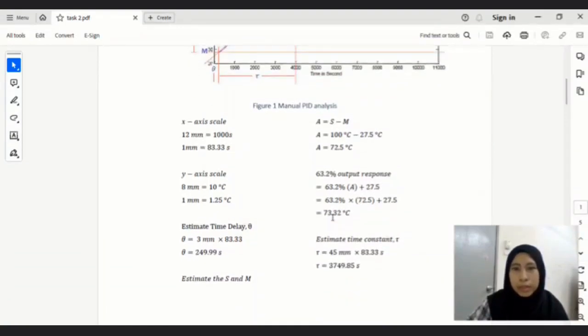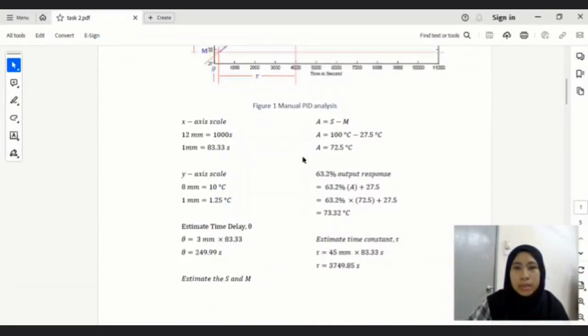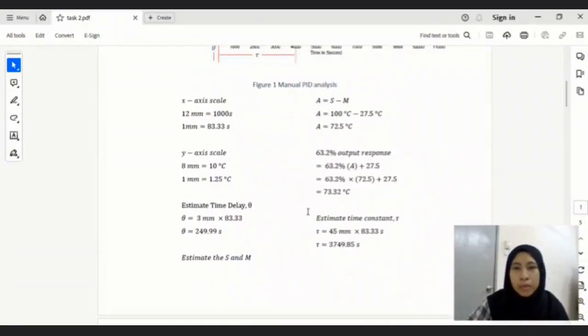We got 73.32 Celsius for 63.2%, and the time taken to reach 63.2% is 4,000 seconds.